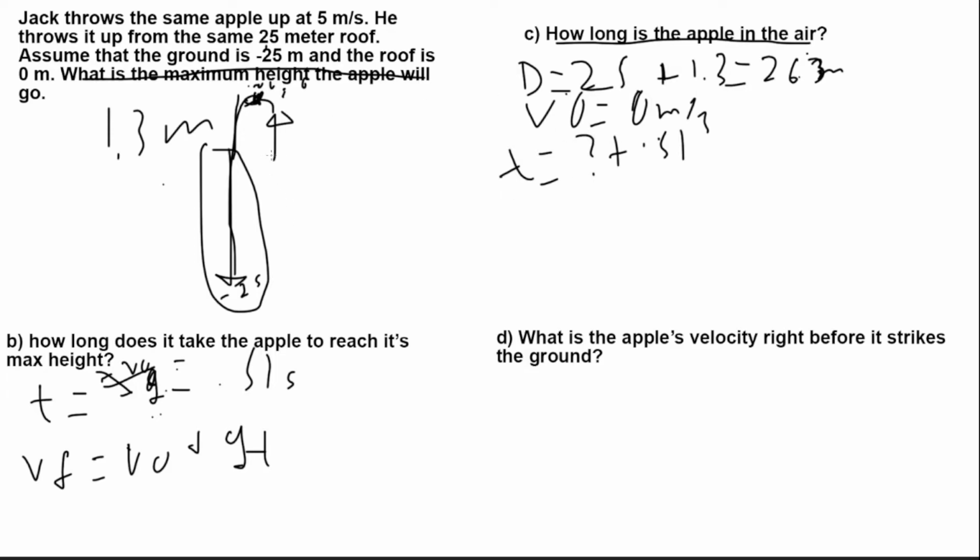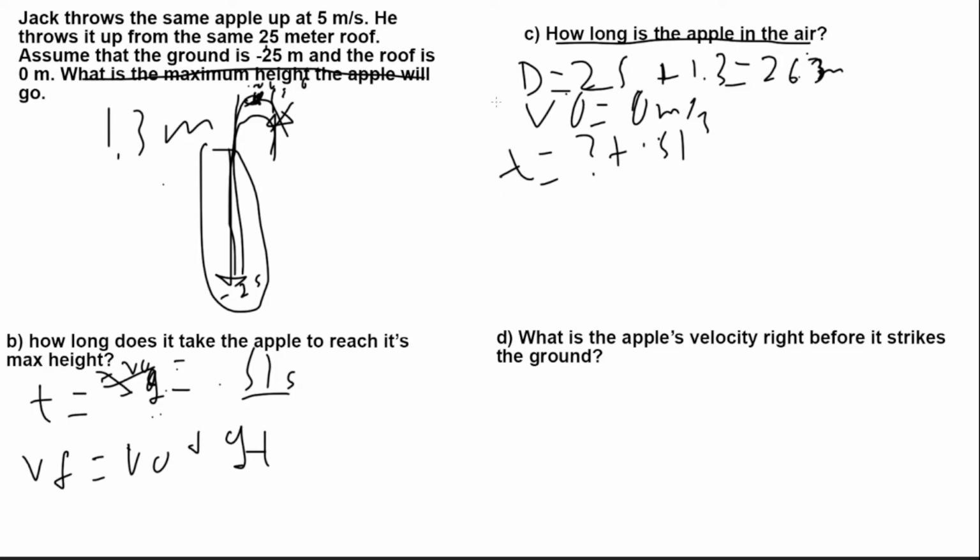So this includes going up and going down. This is to go up, so that's 0.51. We're going to have to include this, because otherwise we're missing a little bit of time. So whatever we get for t for this drop problem is just going to be added to 0.51.